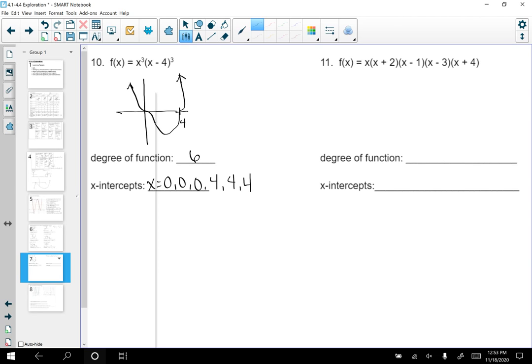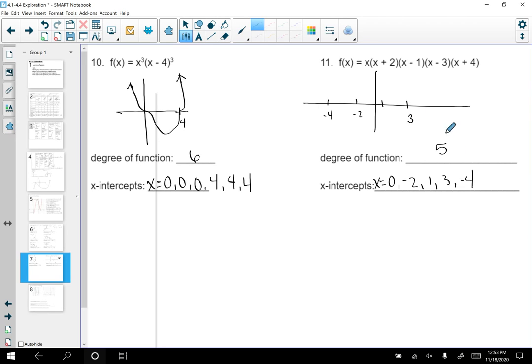Number 11, the degree, 1, 2, 3, 4, 5. And my x-intercepts are x equals 0, -2, 1, 3, -4. So I have 0, -2, -4, 1, and 3.